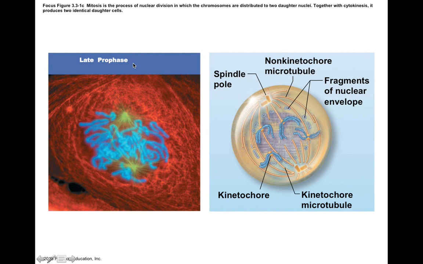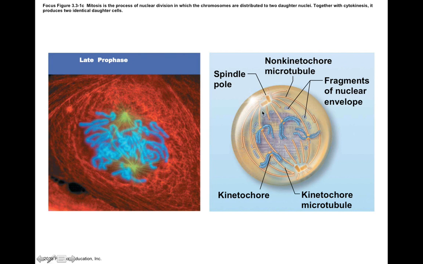Now, later on in prophase, the nuclear envelope degrades. And once that nuclear envelope degrades, the chromosomes basically spill out into the cytoplasm, and they're shuttled by microtubules onto this whole aster network of microtubules.